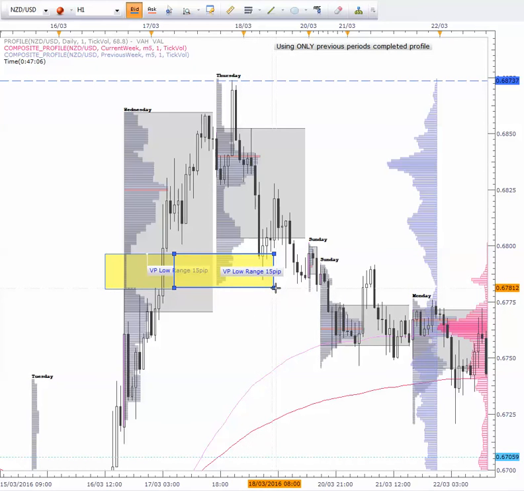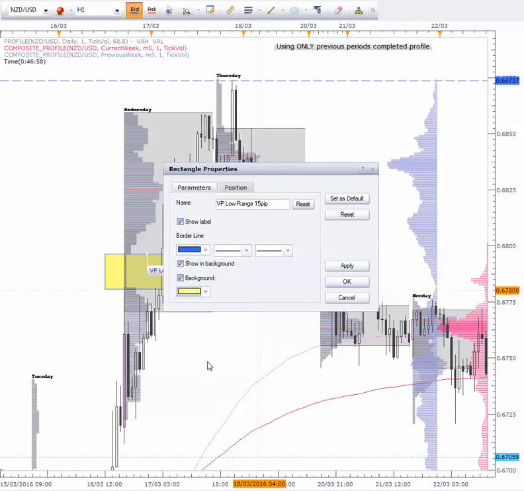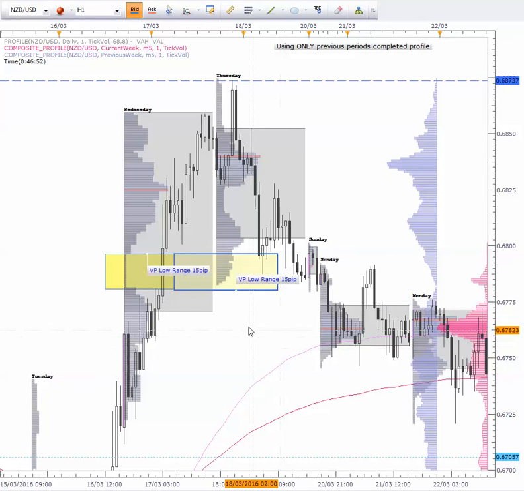And it comes in right there. And I'm going to change this to a different shading. So this is my range. I've identified, I'm doing my homework to prepare to trade on this day here.